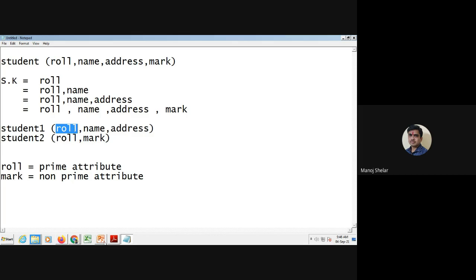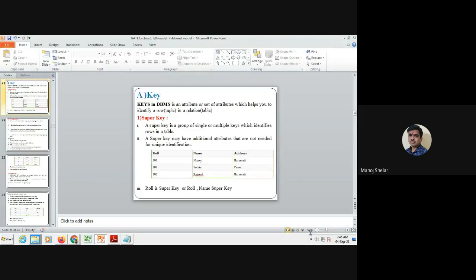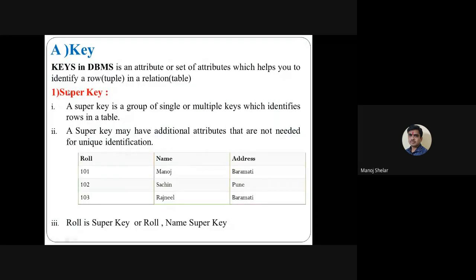But actually, here we are looking at keys, so let us return to the super key. A super key is a group of single or multiple keys which identifies rows in a table. A super key may have additional attributes that are not needed for unique identification.